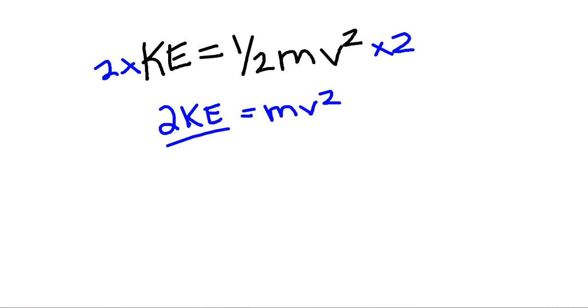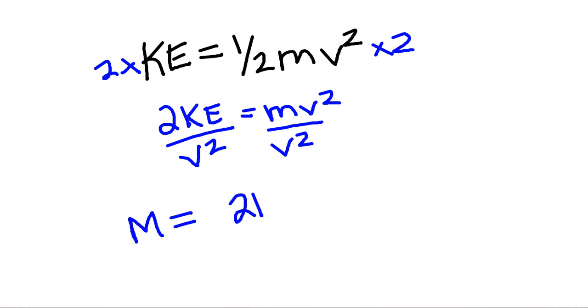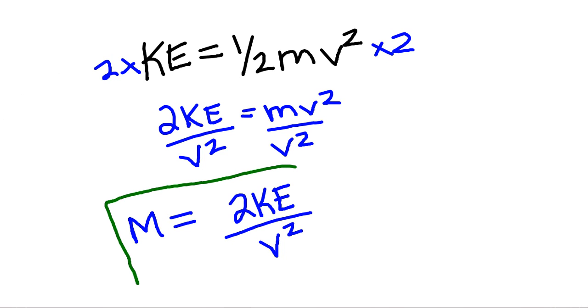Now to solve for m, I'm going to divide both sides by v squared. And I end up with the equation m equals 2KE divided by v squared. This is the kinetic energy equation solved for mass. Please write this down in the second box in your notes. Make sure you have this somewhere.